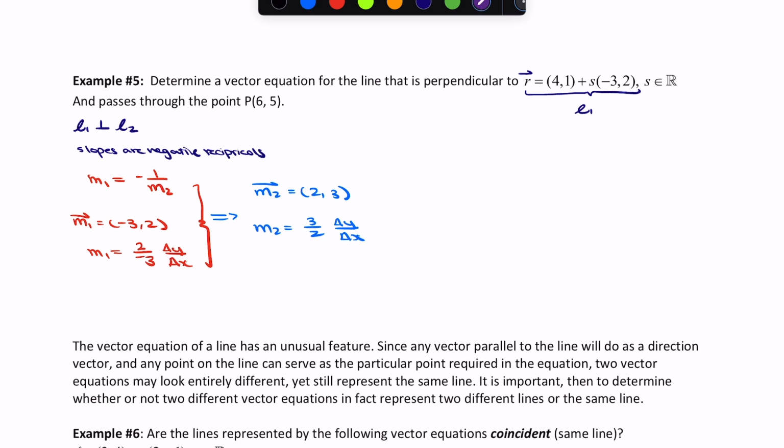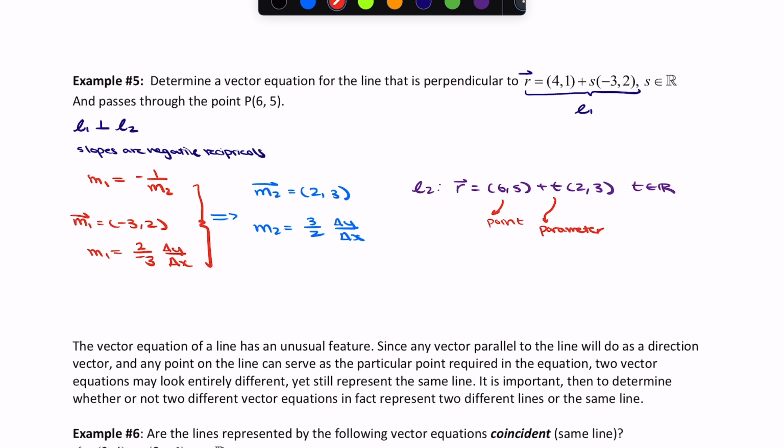And so here we see that line 2 will be represented as vector r, and then our point, which is at 6, 5, plus t 2, 3. And here t is an element of real numbers. So remember, 6, 5 represents our point. T is our parameter.